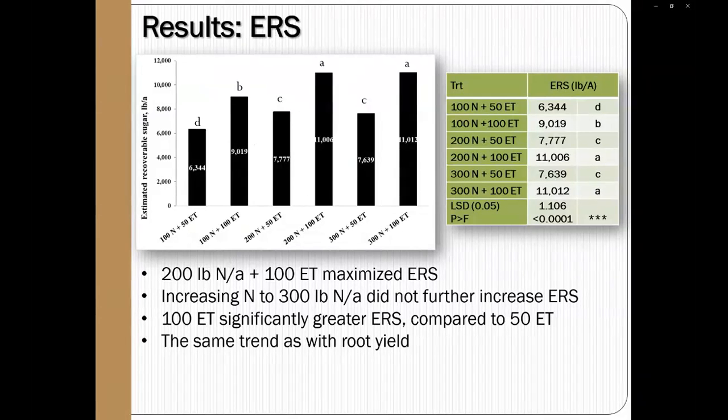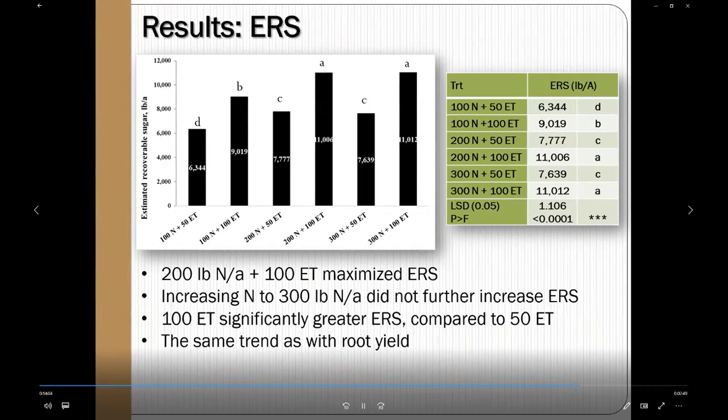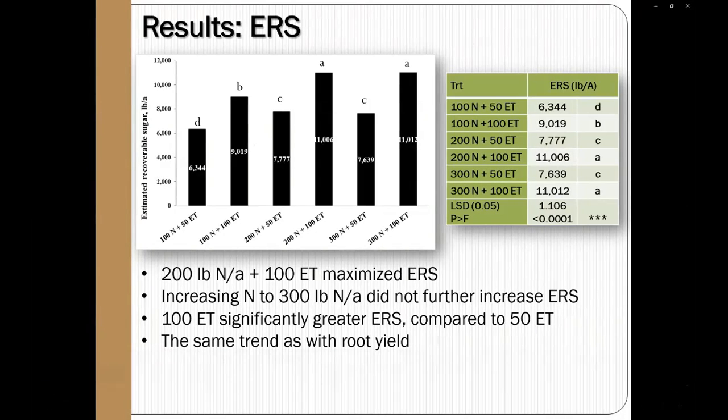Finally, for our estimated recoverable sugar, or ERS results, 200 pounds of nitrogen per acre in combination with 100% water maximized the ERS, and increasing nitrogen further did not increase ERS. Just like with sugar beet root yield, the 100% water had significantly greater ERS compared to 50% water.